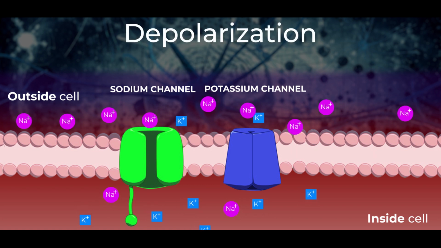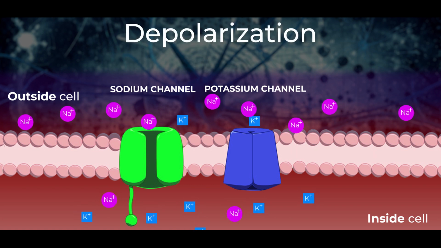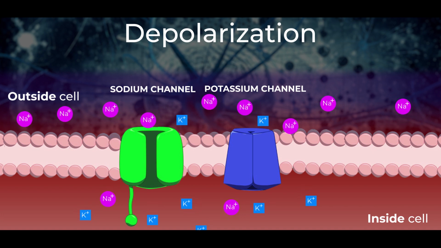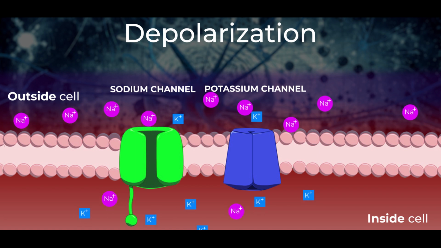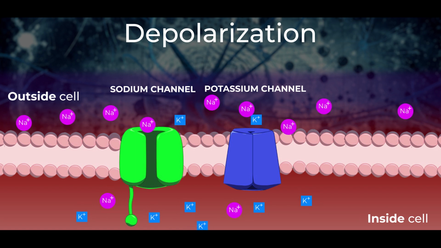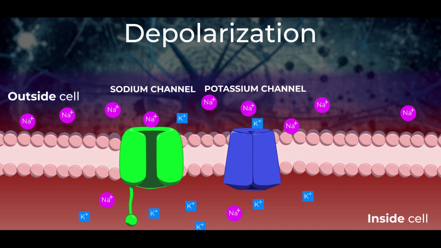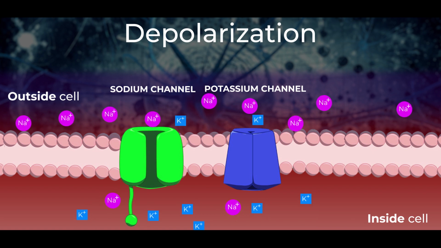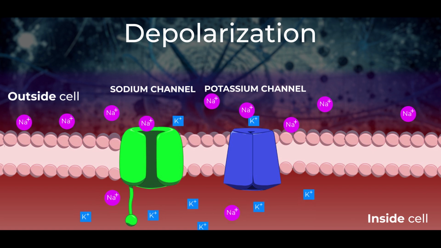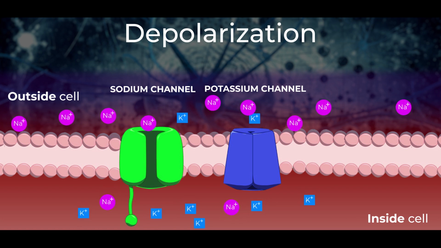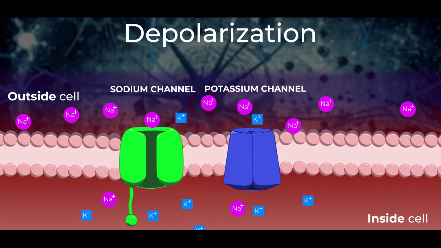Now, the second stage is depolarization. During depolarization, any stimulus which is beyond the threshold can initiate an impulse. When we say threshold, it means the minimum stimulus needed to achieve an action potential is called the threshold stimulus.